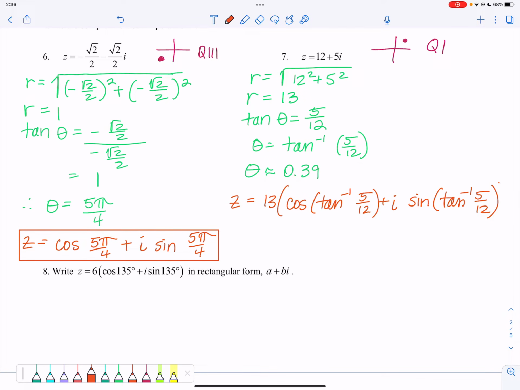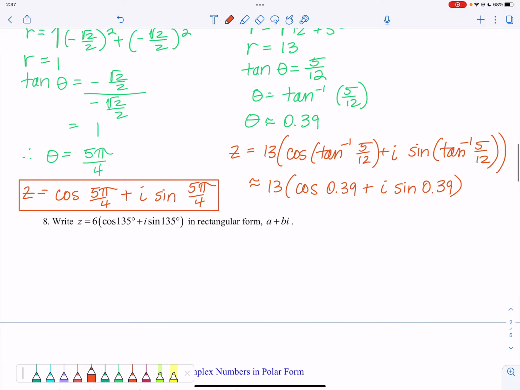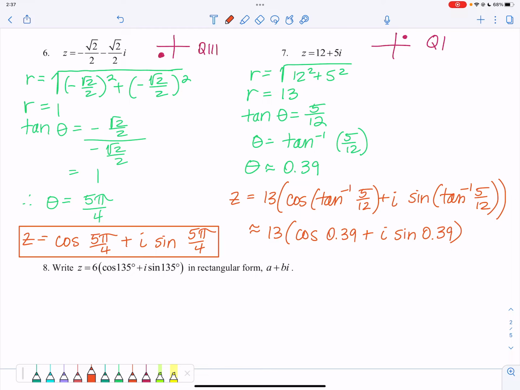And we could write an approximate, and that's approximately equal to 13 cosine of 0.39 plus i sine of 0.39. And you could use either one of those. And this is about 22.6 degrees.